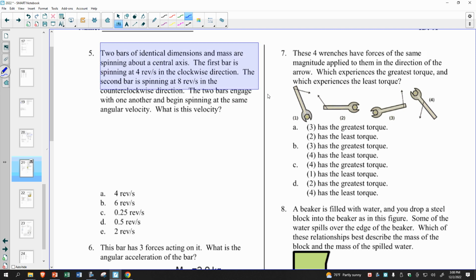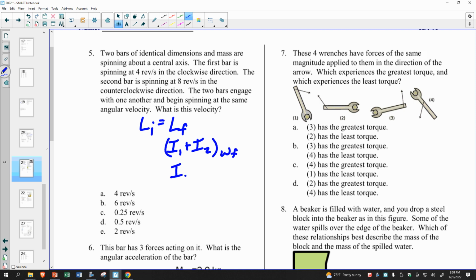Number 5, I might change just by changing the numbers, say 4 and 8, or making it an angular momentum problem, where I say that Li is equal to Lf, but it could be a little bit different. I might make it not a perfectly elastic collision, so that instead of I1 plus I2 times omega final, I would have I1 omega final 1 plus I2 omega final 2.